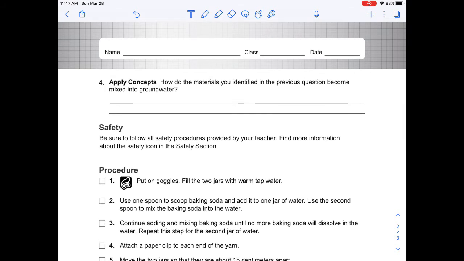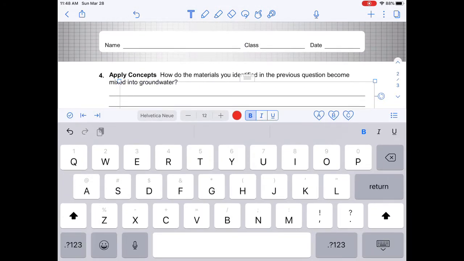All right, then it says, apply concepts. How do the materials you identified in the previous question become mixed into the groundwater? So it's basically asking you, if we know that there are minerals in the groundwater that are being left behind in the cave, where are the minerals coming from? So how do the minerals get into the groundwater?